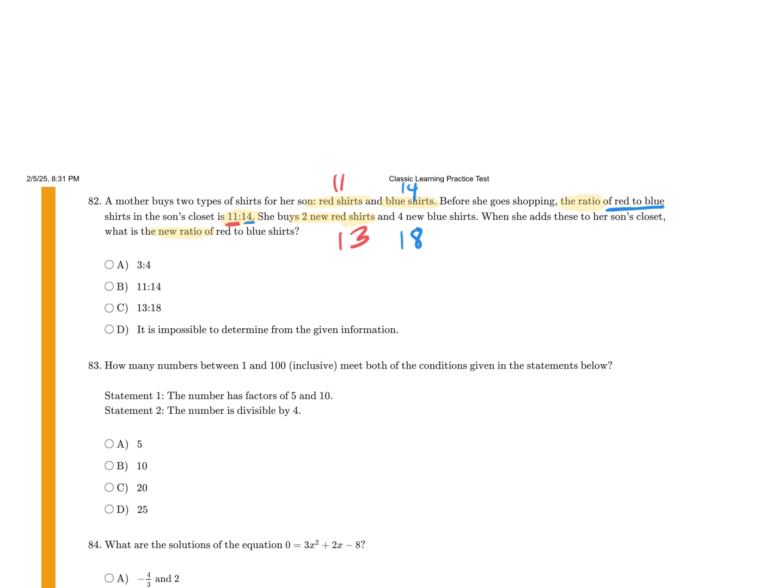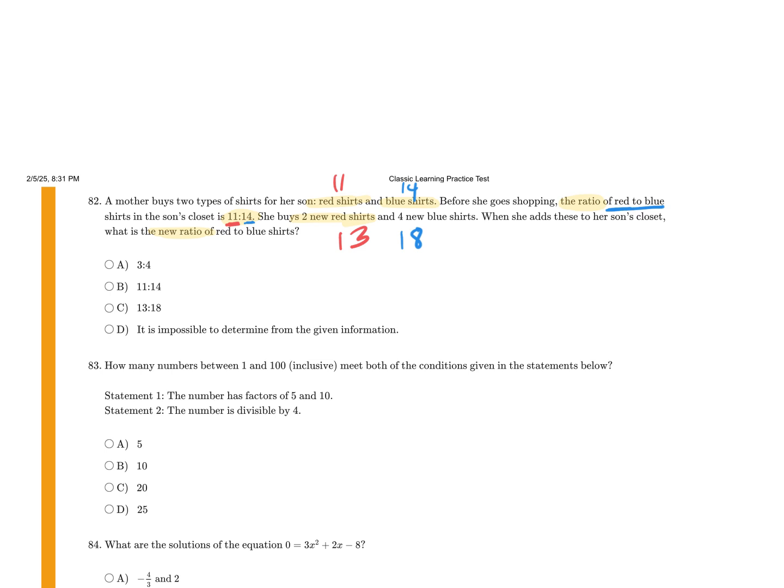Okay, so the ratio was 11 to 14, but we added shirts. Now, if the closet had exactly 11 red shirts and exactly 14 blue shirts, then the ratio would change to 13 to 18, and the answer would be C. However, a ratio is not the same as a total.